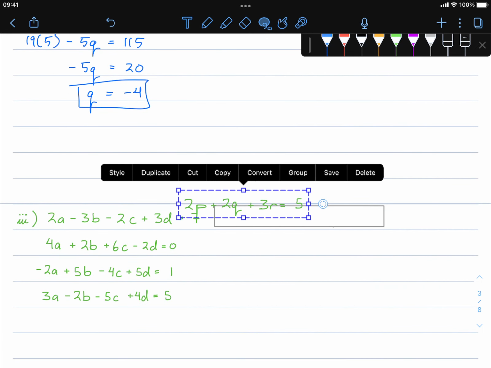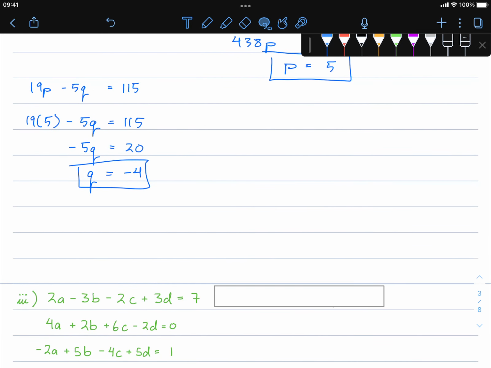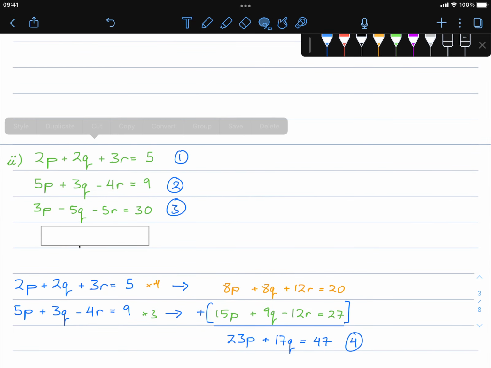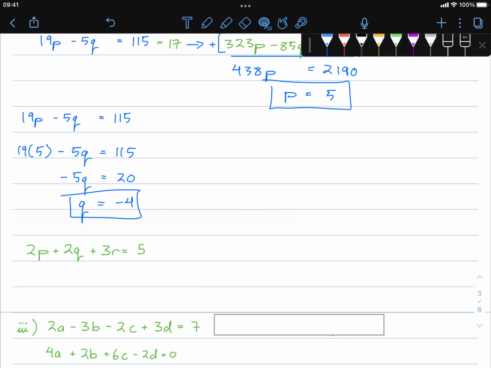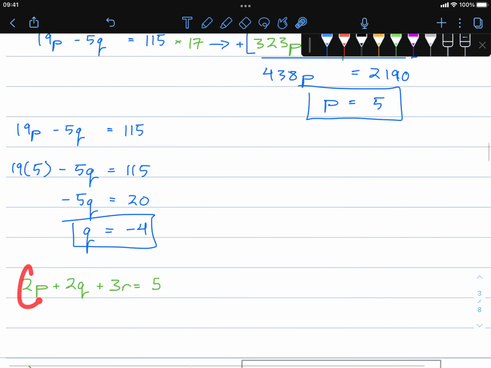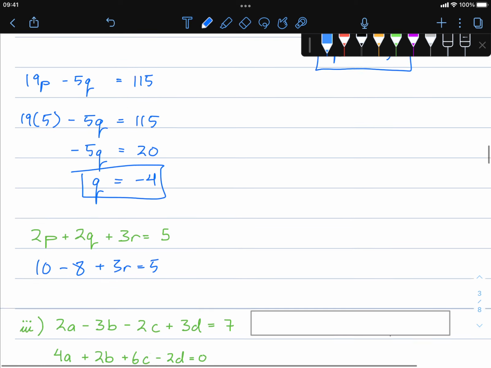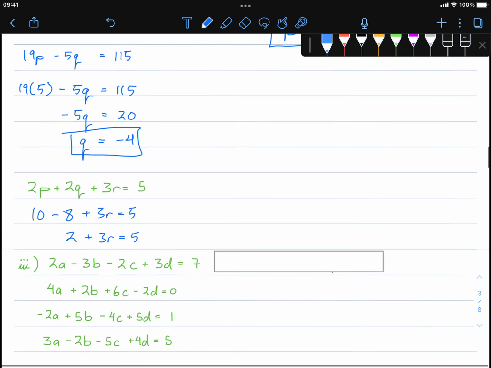So taking equation 1, equation 1 is here, and we're going to substitute q equals negative 4 and p equals 5. 2 times 5 is 10. 2 times negative 4 is negative 8, plus 3r equals 5. 2 plus 3r equals 5.